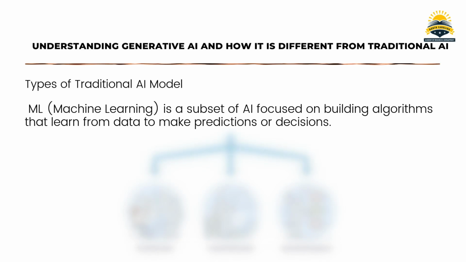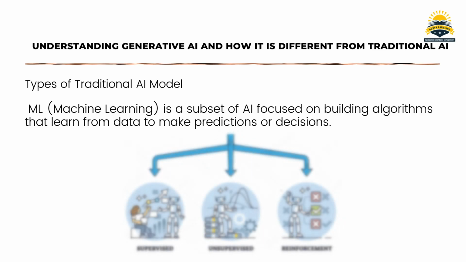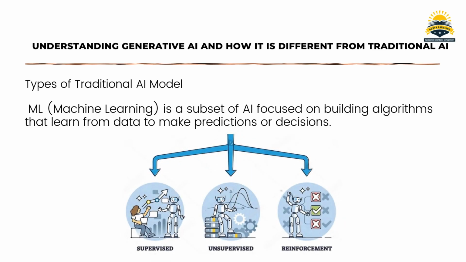There are three main types of machine learning: supervised learning, unsupervised learning, and reinforcement learning. Supervised learning teaches a model using labeled examples. For instance, it's like teaching a system to recognize spam emails by showing examples of both spam and non-spam emails. Unsupervised learning finds patterns in data without labels.